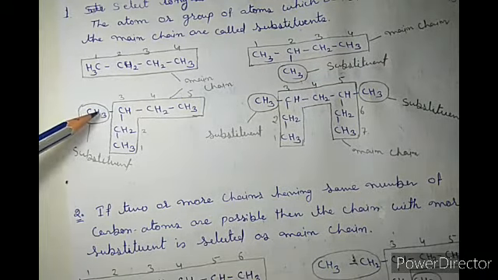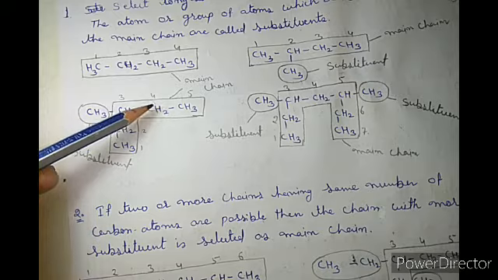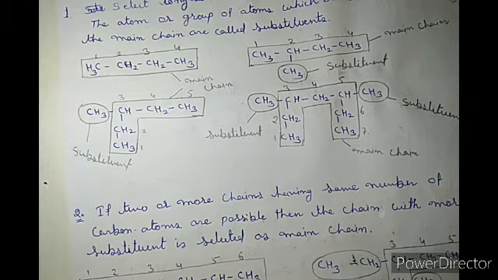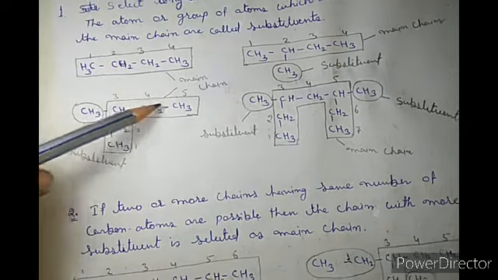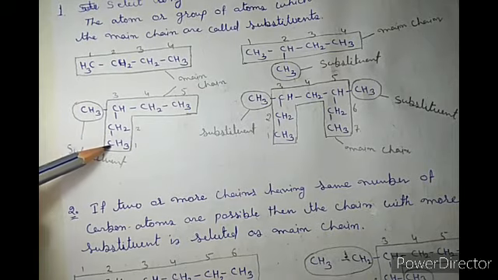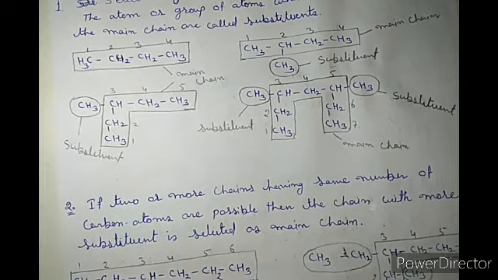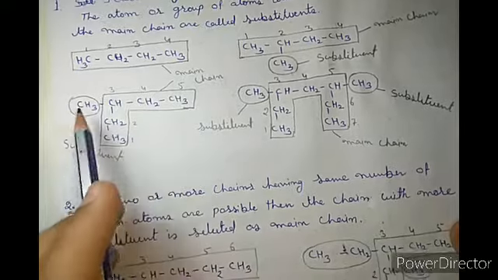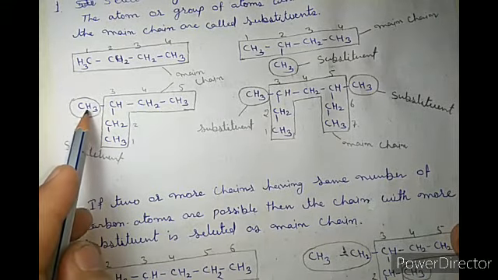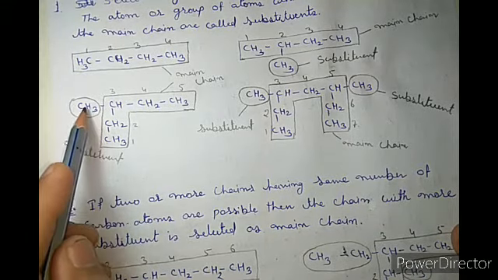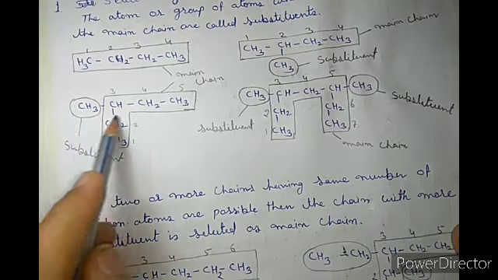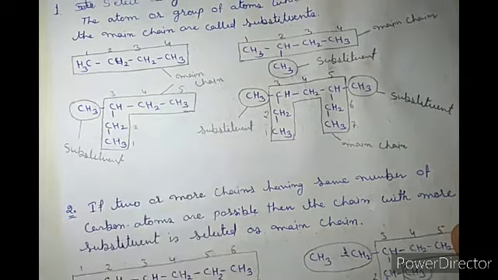Now this example. Here 4 carbon atoms are connected like this, and 2 carbon atoms are here. If we consider the longest chain, then different chains are possible here. If we consider one like this, then 1 2 3 4, 4 atoms are included.